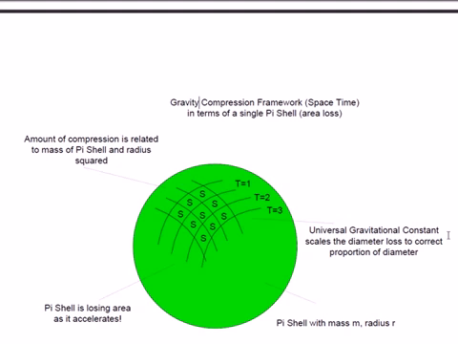So the atom is losing area at a constant rate with respect to distance, and the distance it travels is proportional to the gravitational constant. So s is proportional to t squared.